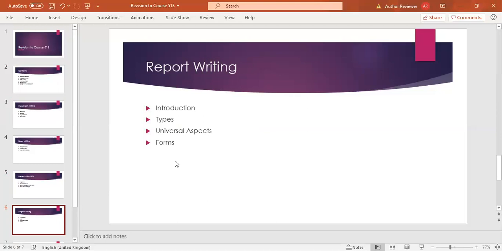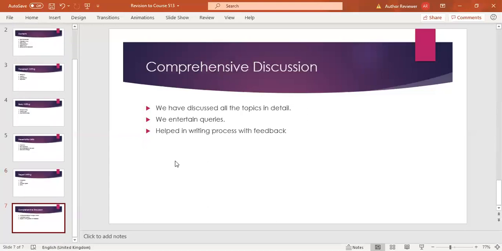Then we discussed different types of reports in our classes, and we also highlighted universal aspects of all the types, meaning similar aspects that are present in every report, and what the form or structure of report writing is, together with some hints on how you can develop your own reports. Though there were confusions, when you read this lecture, you will get ideas.